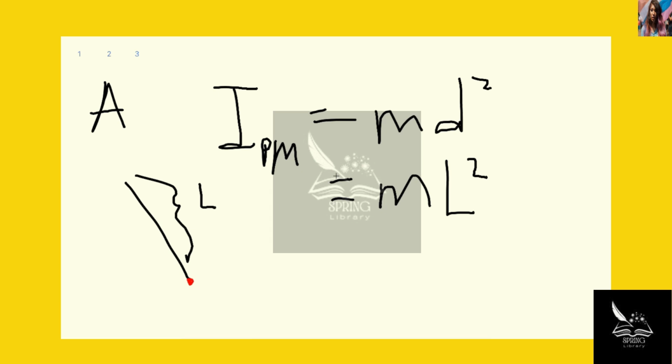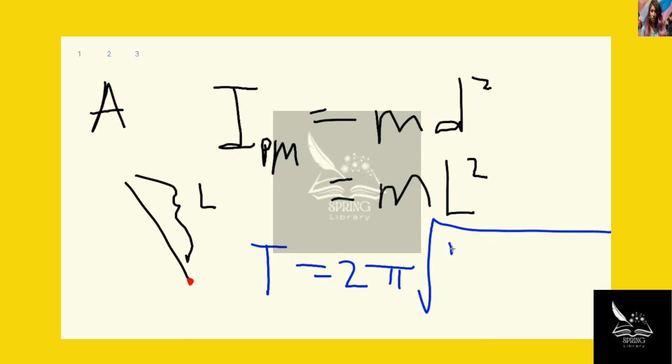And from that, we can just plug in. T is 2 pi square root of m L squared over m g. d is also L here because the center of mass will all be here. There's no mass in the rod, so the center of mass is the same point as the entire mass is concentrated.